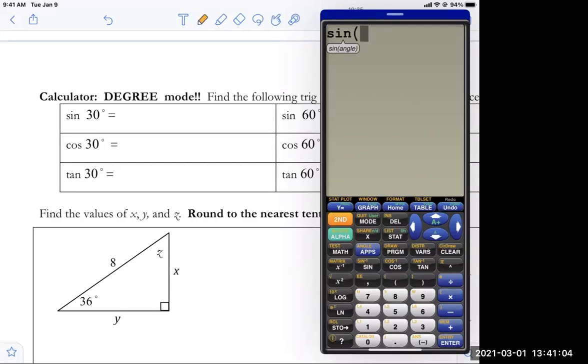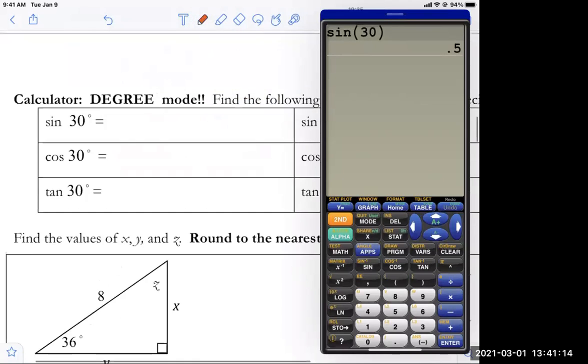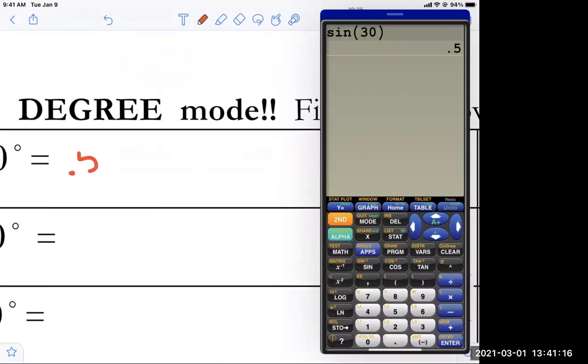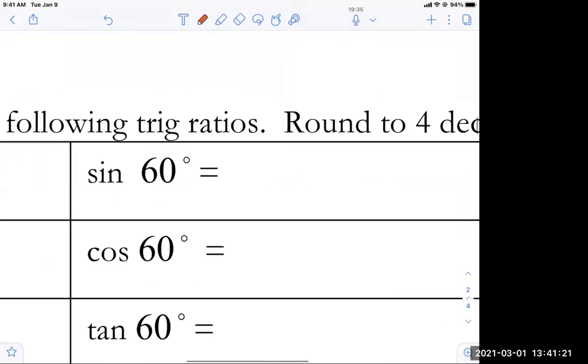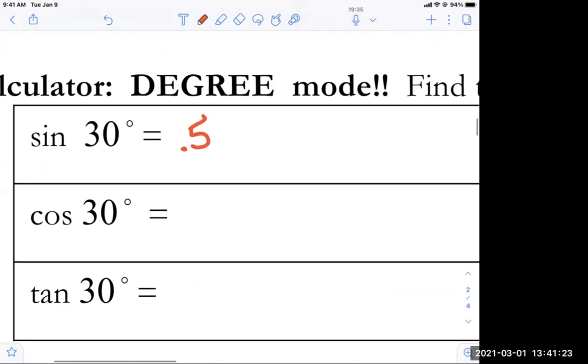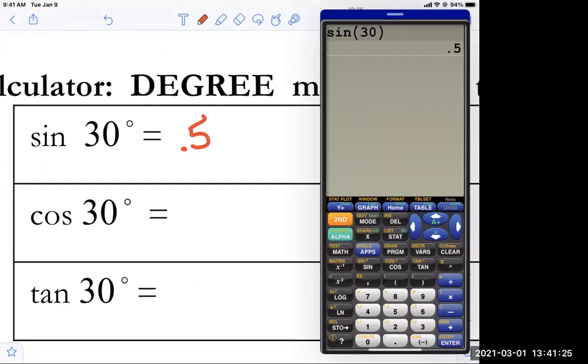So if I do the sine of 30, you really don't have to close off the parentheses, but you can if you want. That's exactly 1/2. It's exactly 0.5. Okay, and it says round to the 4 decimal places if necessary. Well, that's exactly 0.5. Cosine 30. Sorry, I hit the wrong button. Cosine 30.